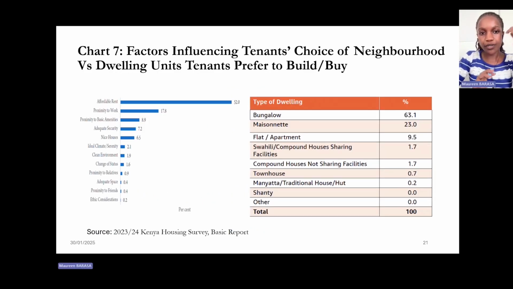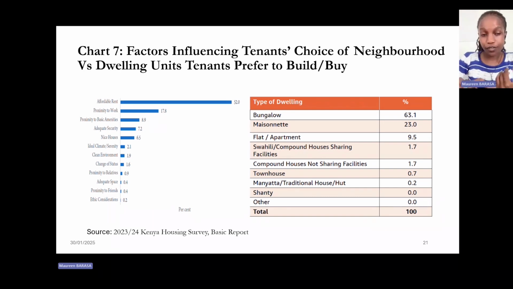Next, we'll just be showing the factors influencing tenants' choice of neighborhood versus the dwelling units tenants prefer to build or buy. So this is the reality against what you wish or aspire to have. So for the reality, that is the blue side, that's on the left side of your screen.